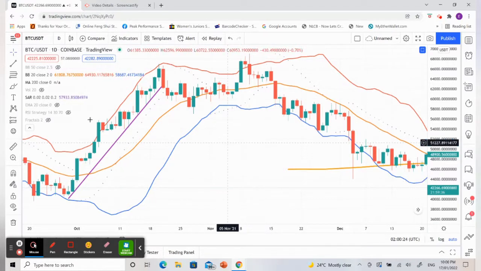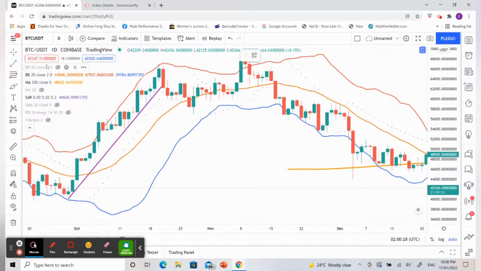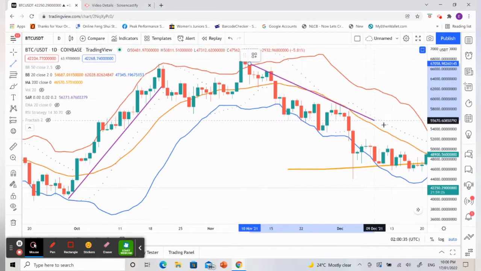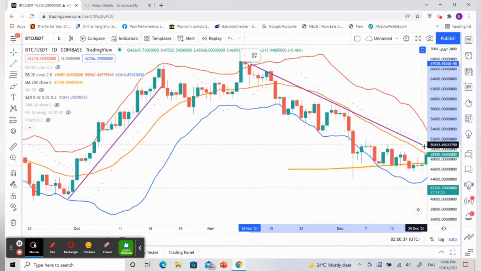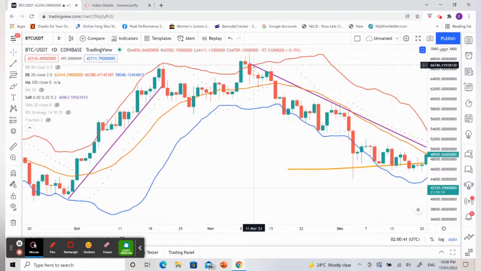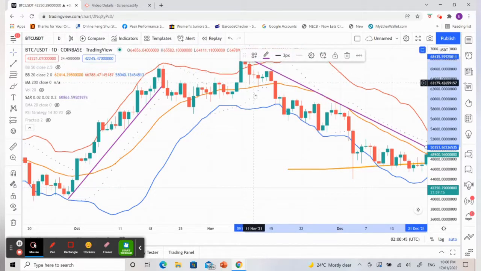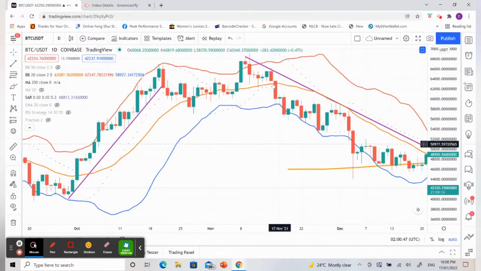Once again, you go to the toolbar and click on trend line, and you can pull your trend line from here going down. What you see happening is whenever the market goes up, or the candles go up and touch the trend line, you enter a sell.